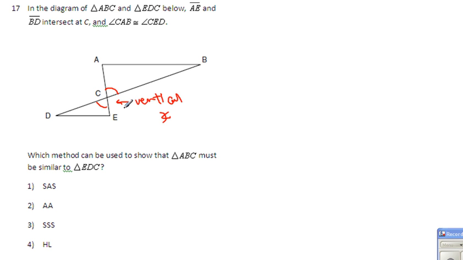Second one is angle CAB, which is congruent to CED, which is this angle. That means two pairs of the angles are congruent, and by AA, we know that those two triangles are similar.